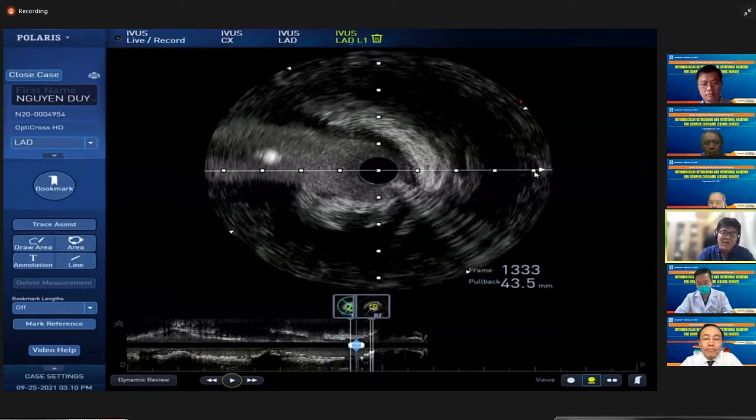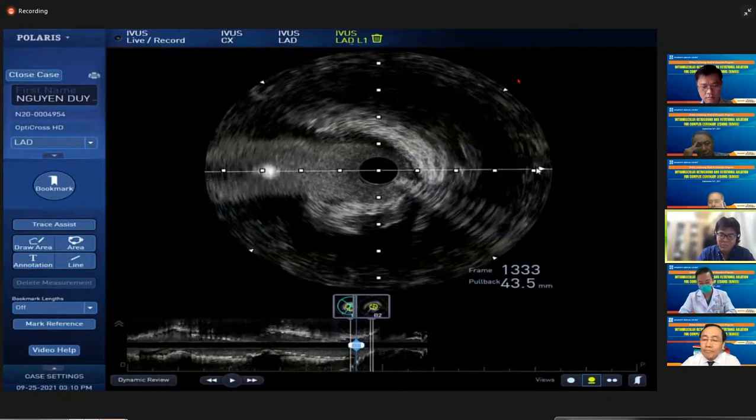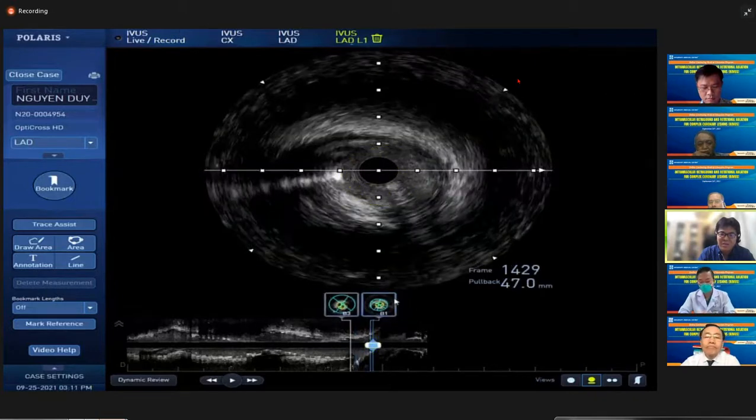According to the IVUS finding, the angle is not so sharp. Also looking at the IVUS pullback from the circumflex, as already mentioned, there is not so much plaque at the ostium of the circumflex.